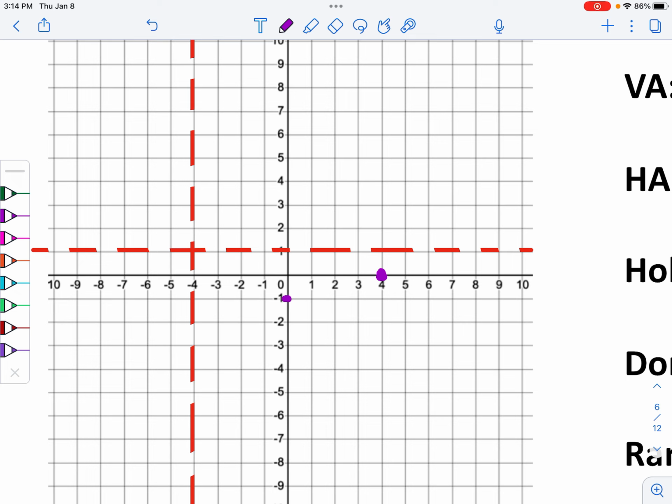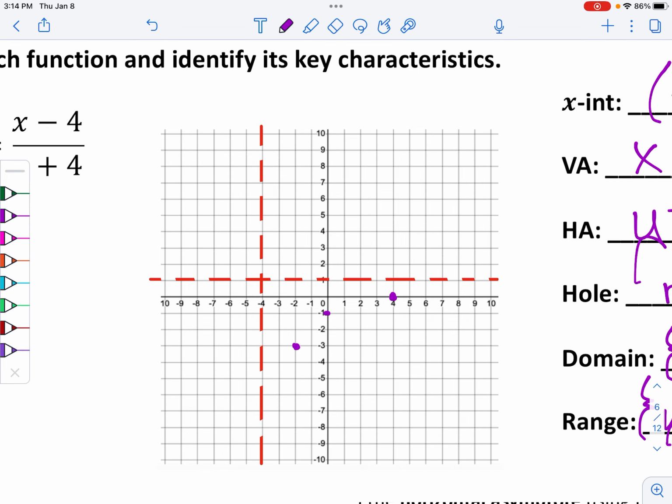And if I just plug in a couple of other ones, I get something like this. Okay, so now I'm going to try my really sweet branch drawing here. Well, that's not too bad.